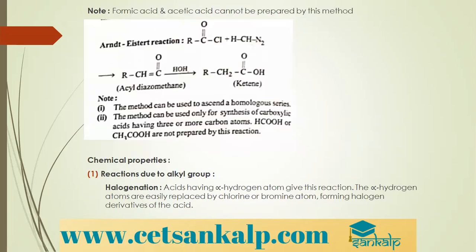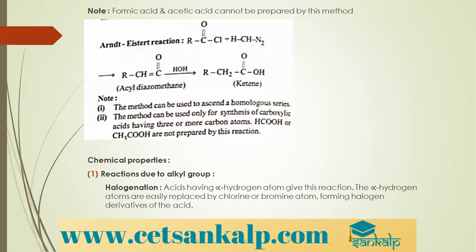Chemical properties of carboxylic acids. See, we can explain the chemical properties on various natures. Before going to chemical properties, let me tell you some of the physical properties. In carboxylic acids with an even number of carbon atoms, the terminal CH3 and COOH groups lie on opposite sides, so there is more effective packing of the molecules in the lattice.